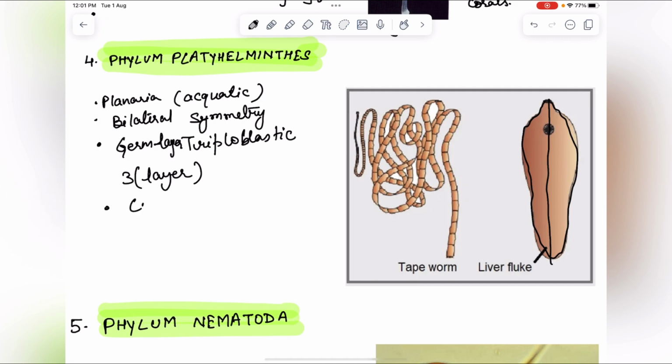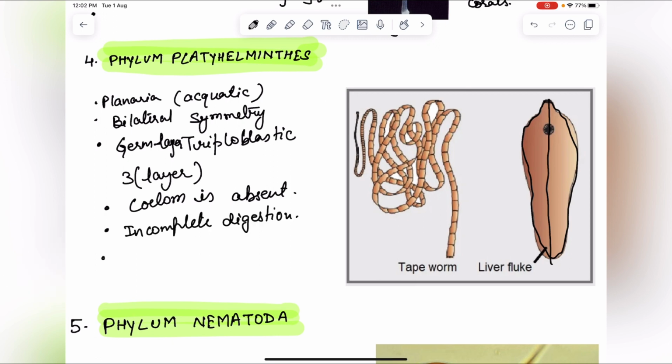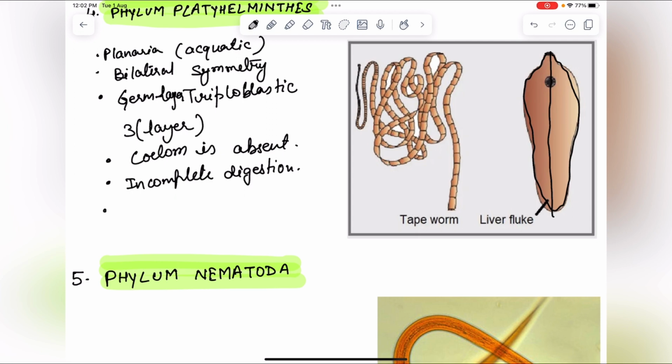Coelom is absent. In this also, digestion is incomplete because anus is absent, mouth is present. Example: planaria, liver fluke, tapeworm.